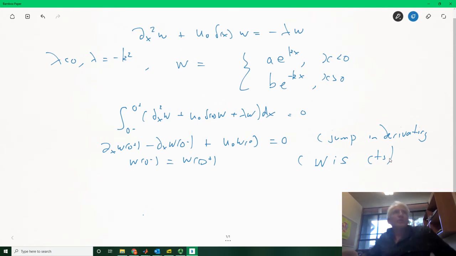So if we combine those two conditions, we're going to get a condition on A and B. The x derivative is going to be minus b multiplied by k, and then the minus 1 is going to be a minus from here, ak.